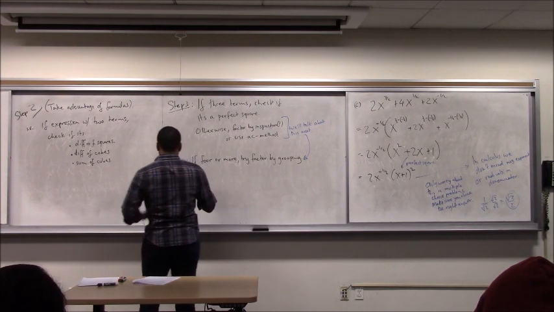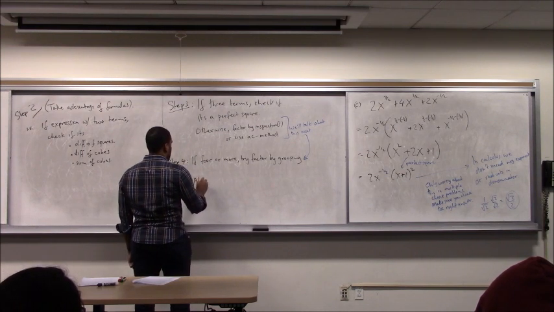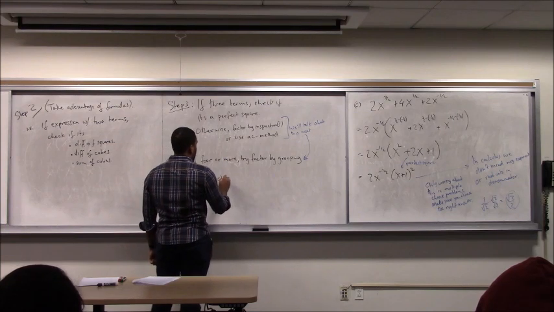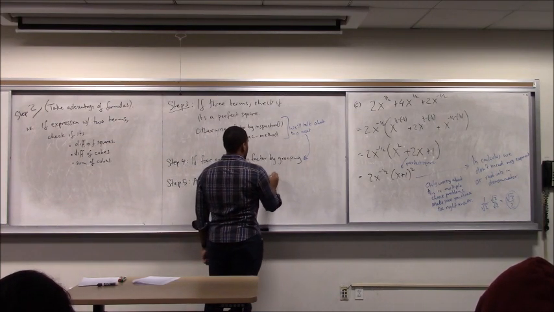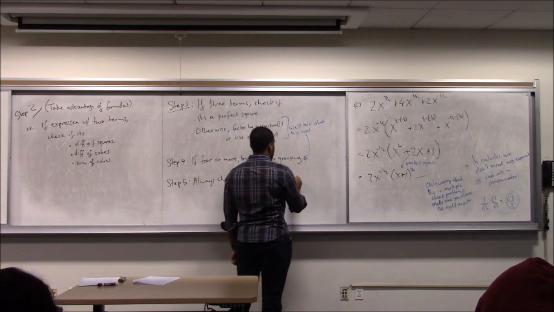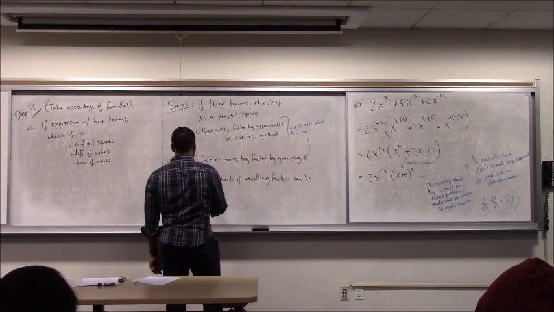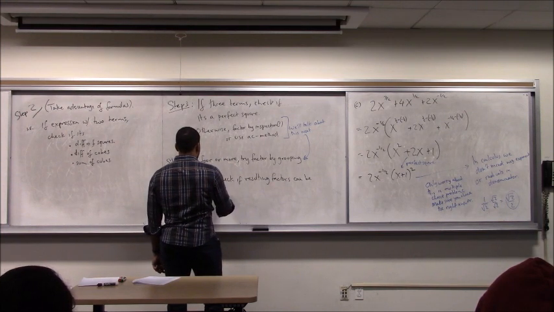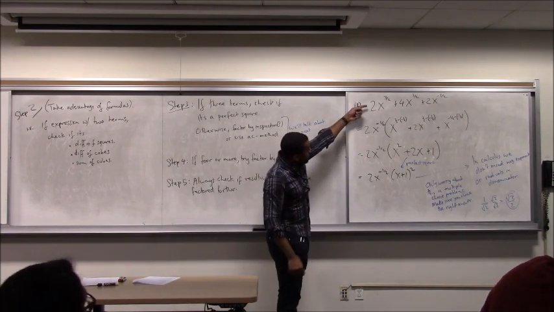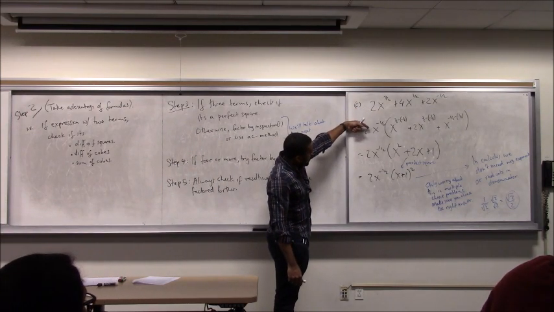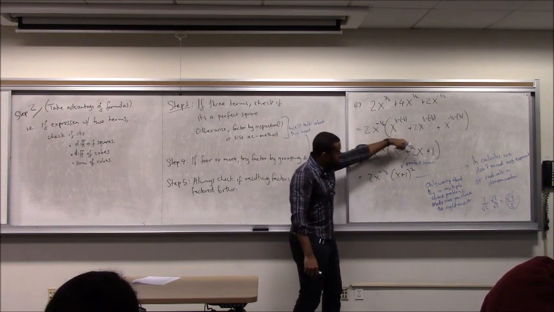And step 5. Always check if resulting factors can be factored further. Okay. So like here, for example, this problem started out with you factoring out the GCF, but you realize that the thing that appeared could have been factored further.